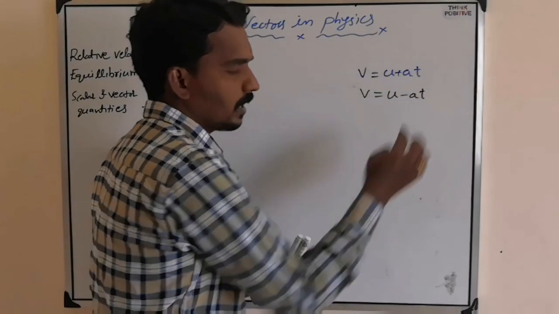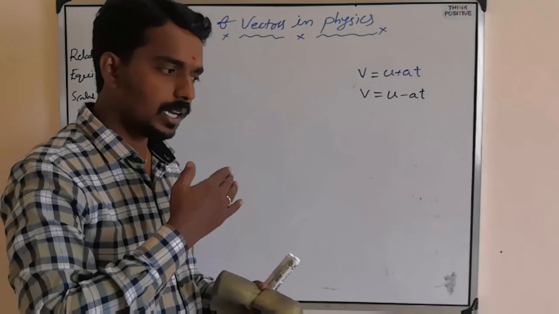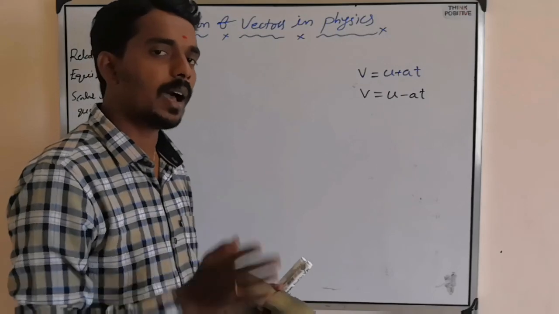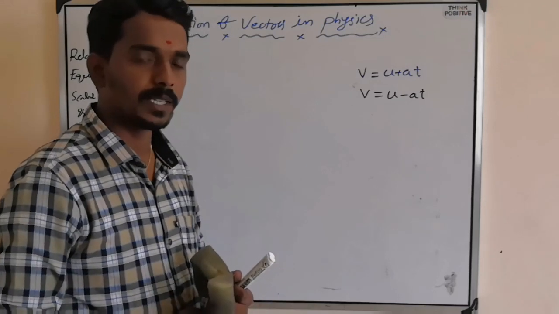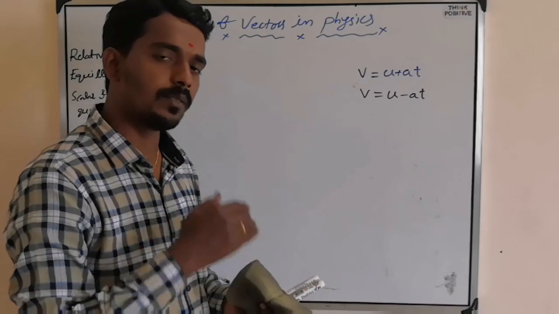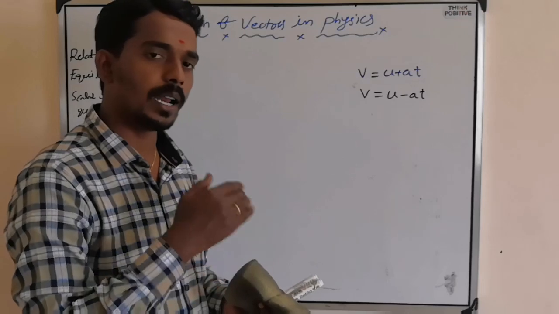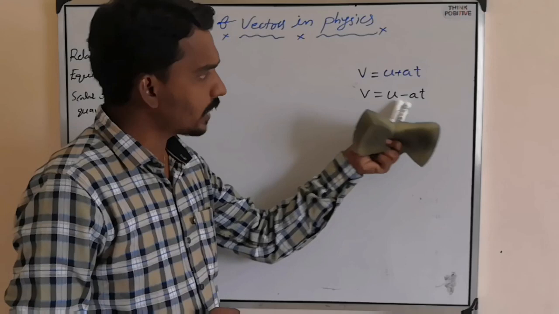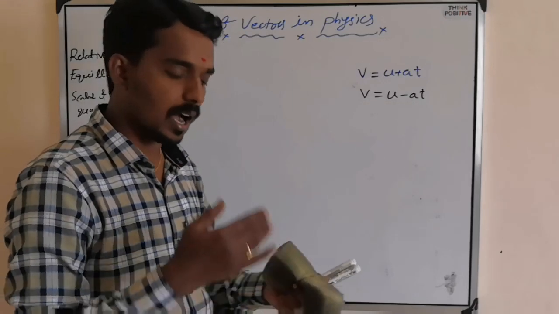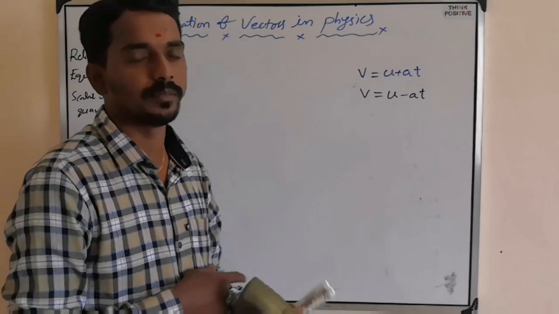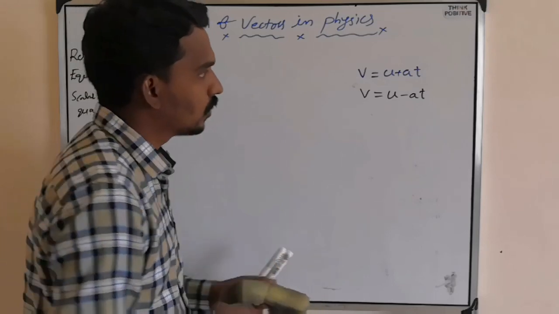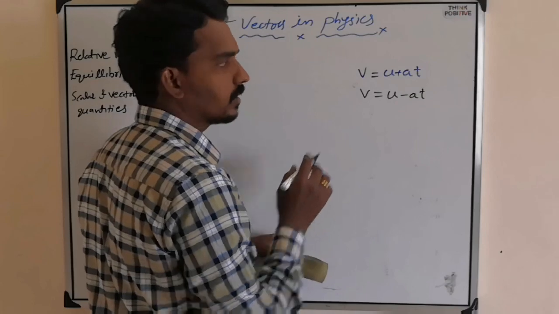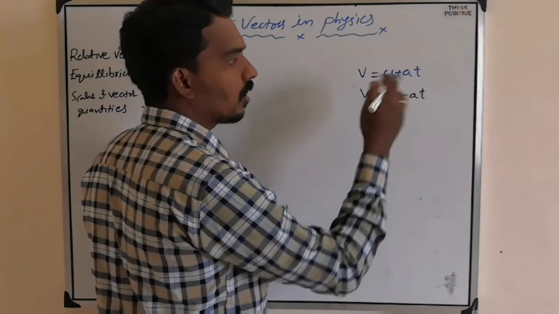This is the relation when the particle is moving along one direction with some acceleration. That means acceleration and velocity both are along the direction of motion. But this is the case when acceleration is opposite to the direction of motion. So here all are in the same direction, either I, J or K.